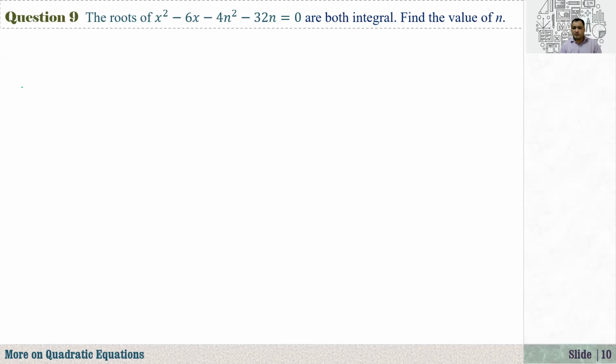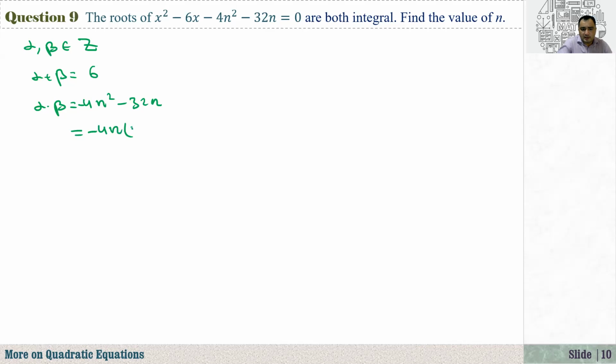All right. So again, step by step. It says that the roots of this equation are both integers. Suppose that alpha and beta are the roots of this equation. So what can we write here? Alpha plus beta is equal to 6, because b is 6. And alpha times beta is equal to c over a, that is minus 4n squared minus 32n, or simply I can write this as minus 4n times n plus 8.